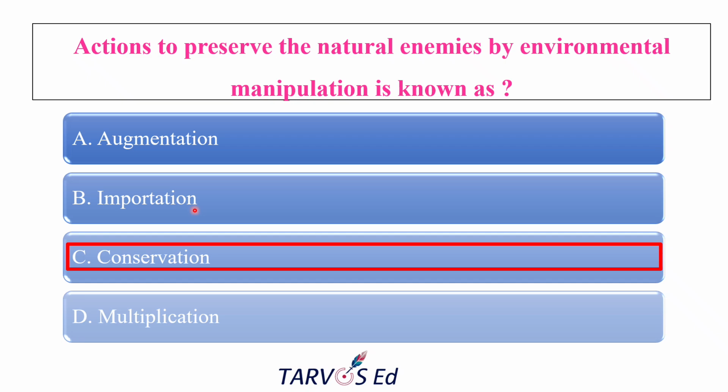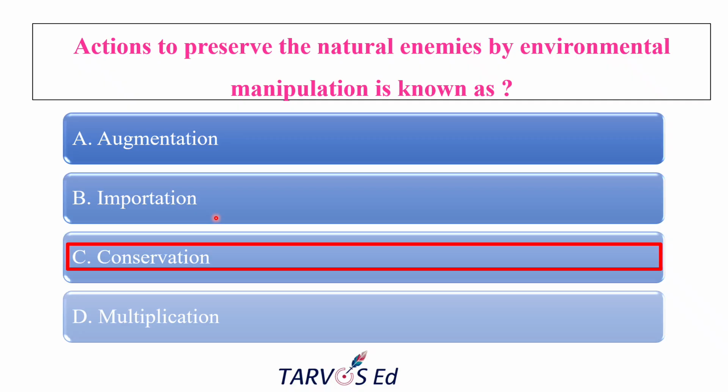Okay, so it is generally for permanent establishment. For the permanent establishment of natural enemies, we are going to introduce something from foreign countries.